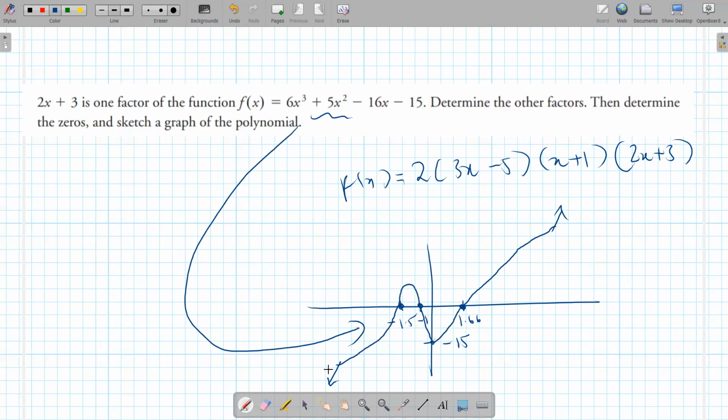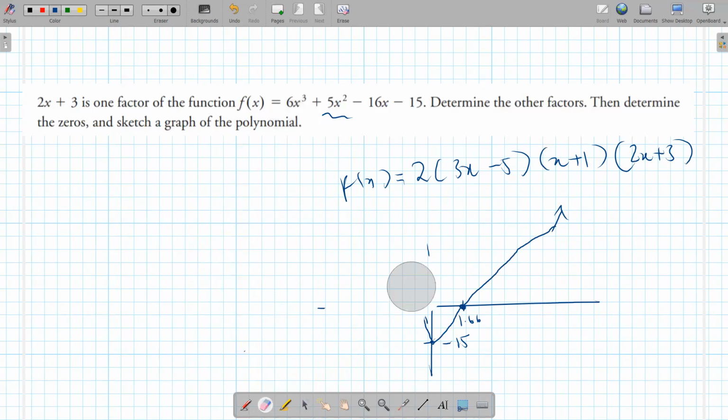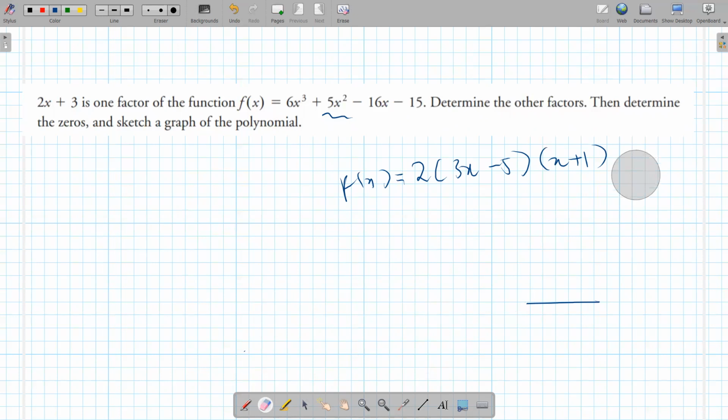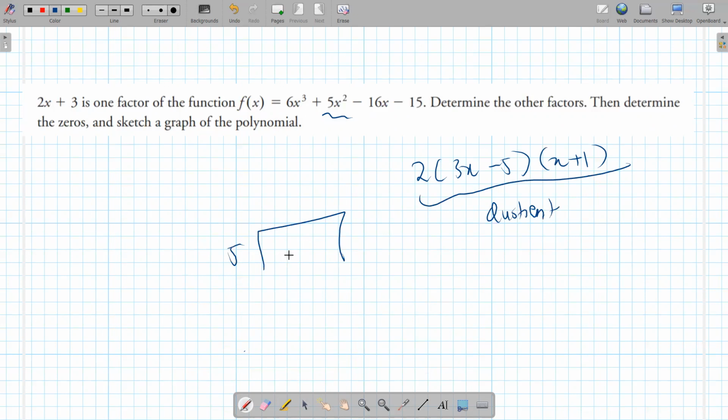That makes sense? Yeah, I'm just a little confused about how you went, after you factored the quadratic, to the new one. Once we factor the quadratic, this is the quadratic in its factored form. The quadratic is our quotient, right? Just think about this. 5 times 4 is 20, right?